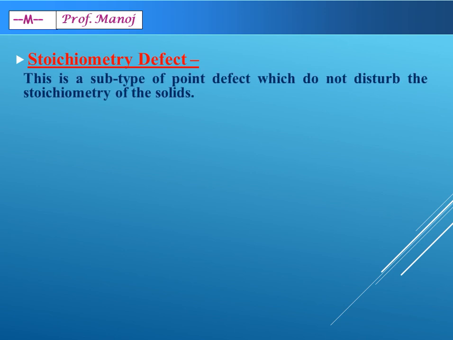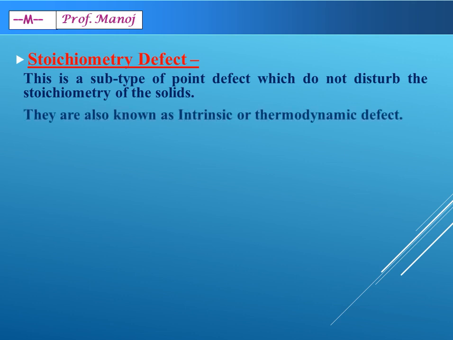The first type under point defect is stoichiometry defect. This is a subtype which will not basically disturb the stoichiometry of the solid. By stoichiometry here we mean the molecular formula. These defects are also termed as intrinsic defect or thermodynamic defect.